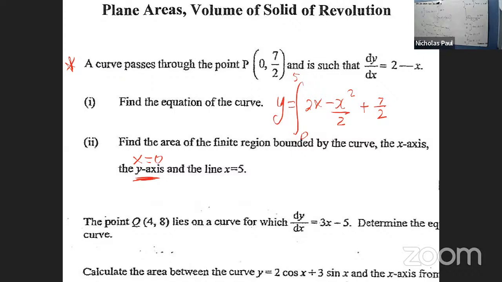Because it's under the curve, not under 2 minus x, it's under the curve.